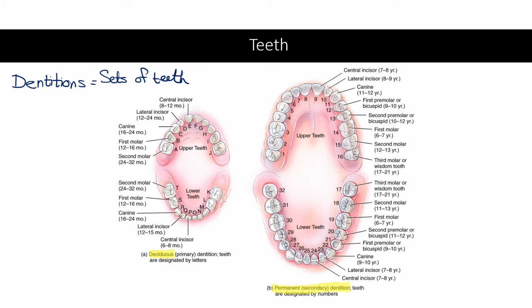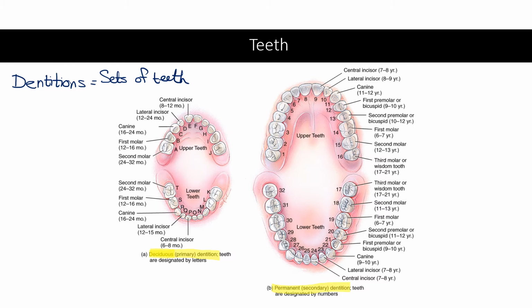So these are both labeled here. Our deciduous teeth, which are also known as baby teeth, usually begin to erupt at about 6 months of age.